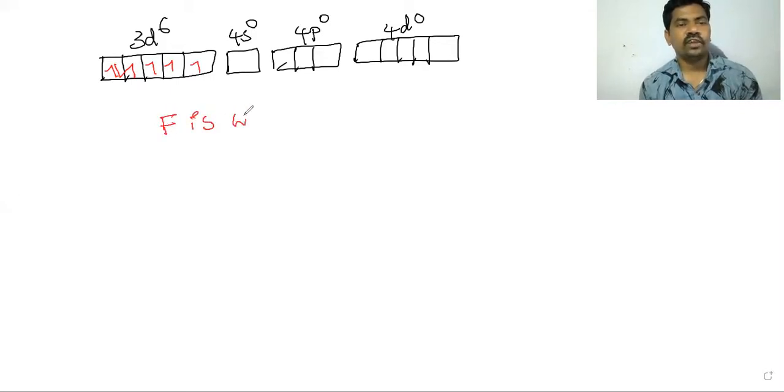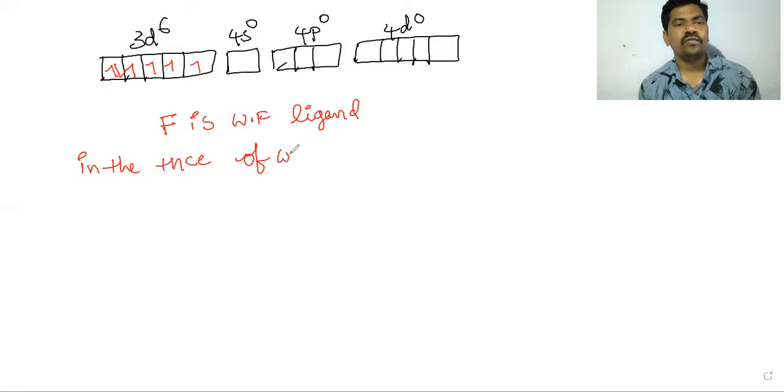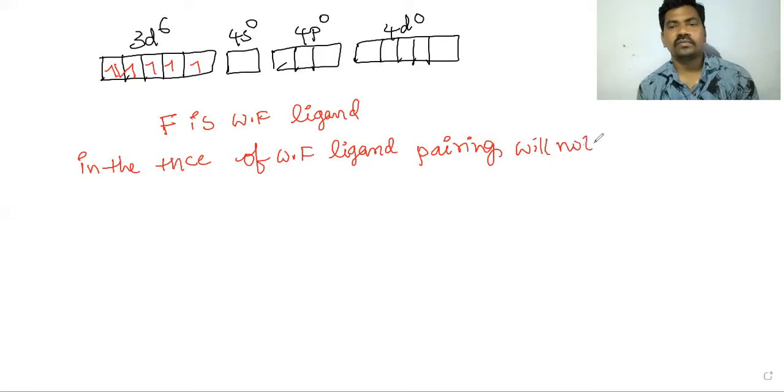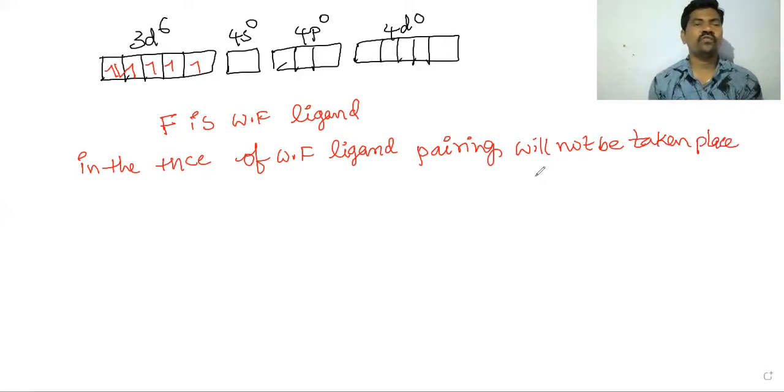In the presence of a weak field ligand, pairing will not take place. So here there is no pairing of the electrons in the 3d orbitals.